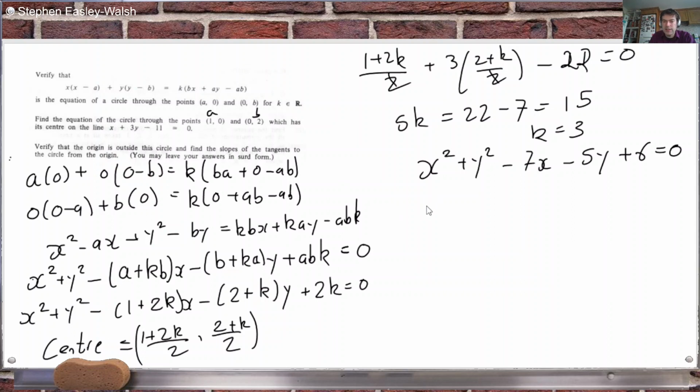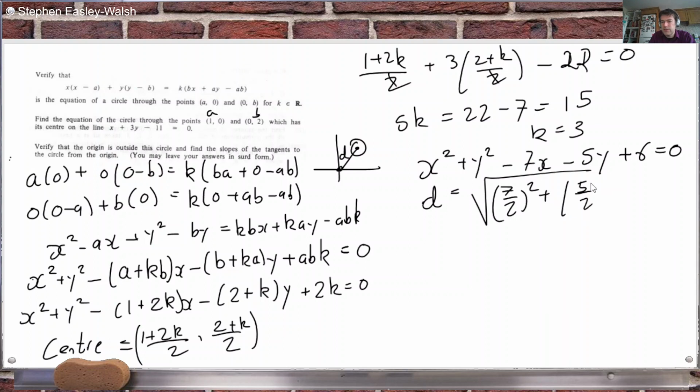So if you calculate the distance from the center of the circle to the origin, it's supposed to be bigger than the radius. So the distance would be the square root of 7 over 2 squared plus 5 over 2 squared when you calculate the distance from 0, 0 to 7 over 2, 5 over 2.